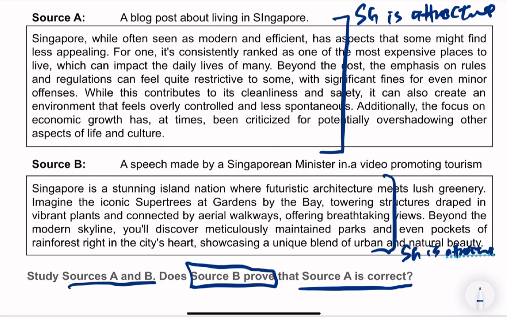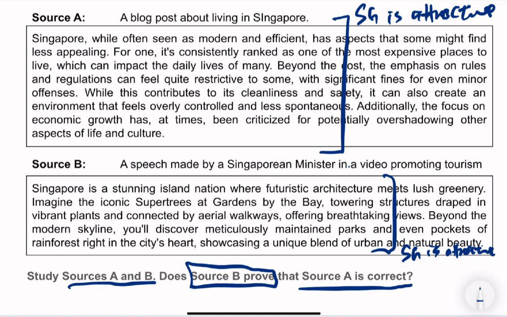So you need to look at another source, for example source C, D, E, or F. If you find another source that tells you SG is attractive, then the source supports source B, therefore it's reliable, therefore it can prove. But if you find another source that contradicts source B and says that SG is not attractive, then source B is not reliable, therefore it cannot prove that A is correct.